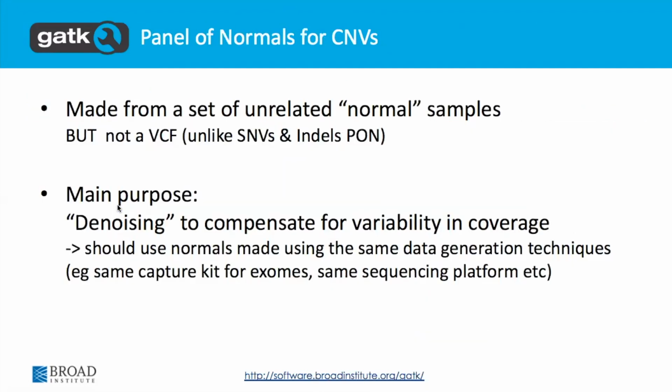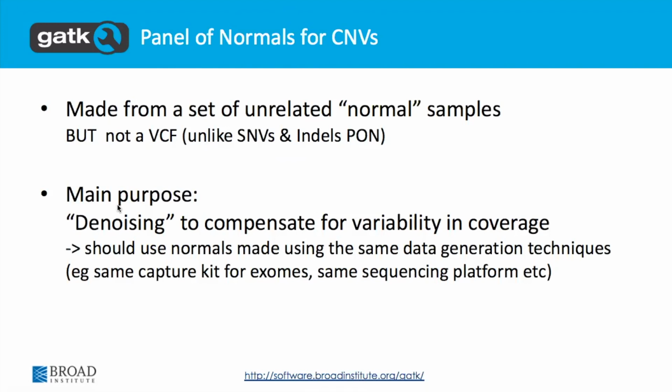The panel of normals, as I mentioned already, is made from unrelated samples, kind of the same principle as for the short variant workflow. But the point here is really to do that normalization step, to remove the noise that comes from technical factors that affect how much coverage you can expect in any particular region of the genome.